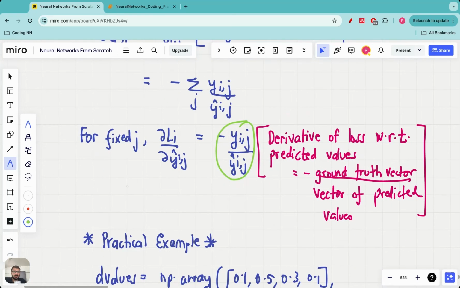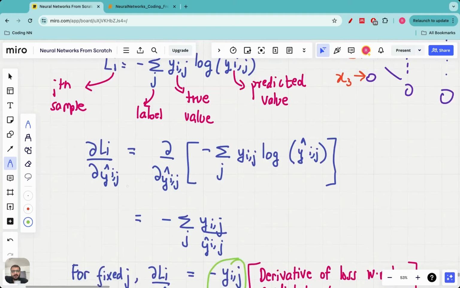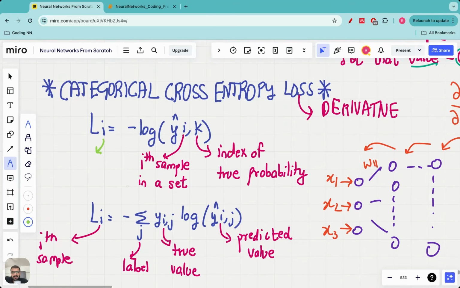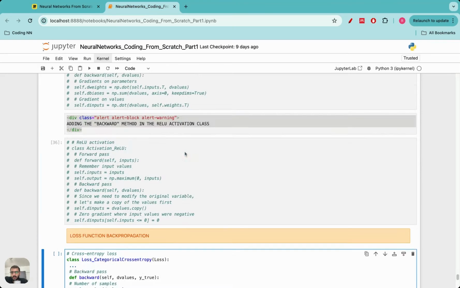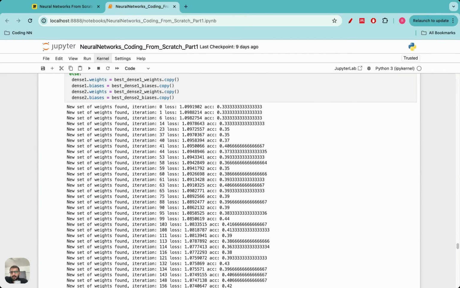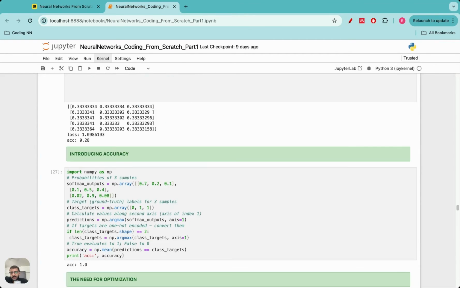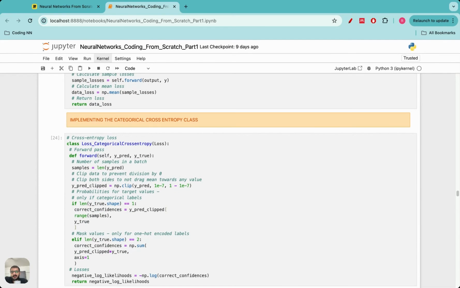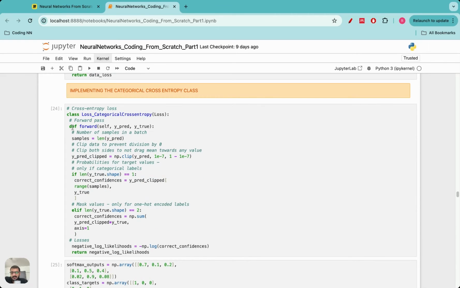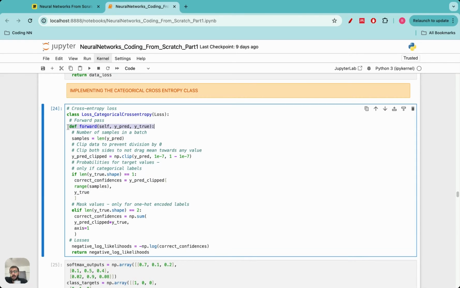And now we will code this in Python. The reason we need to code this is that we have already defined the forward pass with respect to the loss, and I'll be sharing this notebook with you. If you scroll up in this notebook, you will see that we have implemented the categorical cross entropy loss, and in this class we have defined a method called forward.